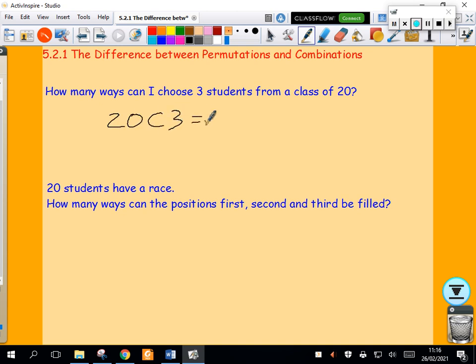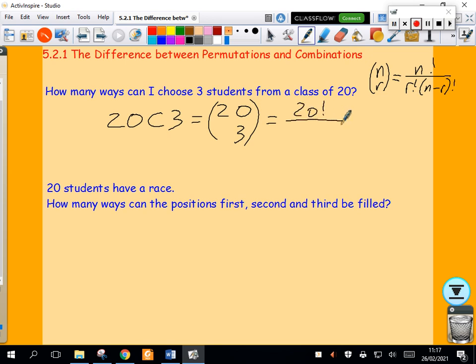Now that is usually written in our course like that, 20 choose 3. But following the formula, n choose r is equal to n factorial over r factorial times n minus r factorial. This will be 20 factorial divided by 3 factorial times 20 minus 3, which would be 17 factorial.